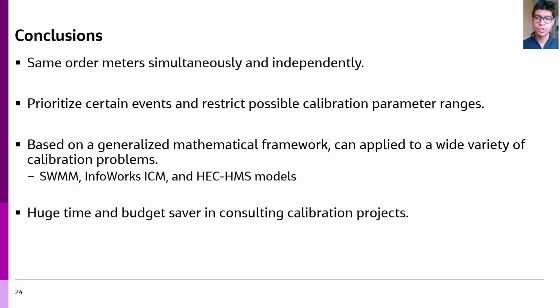So, in order to conclude, we used same order of flow monitors to simultaneously optimize independently to save some time and increase the accuracy. We can also prioritize some of the rainfall events. So we need to extend out when we're collecting the data out in the field.